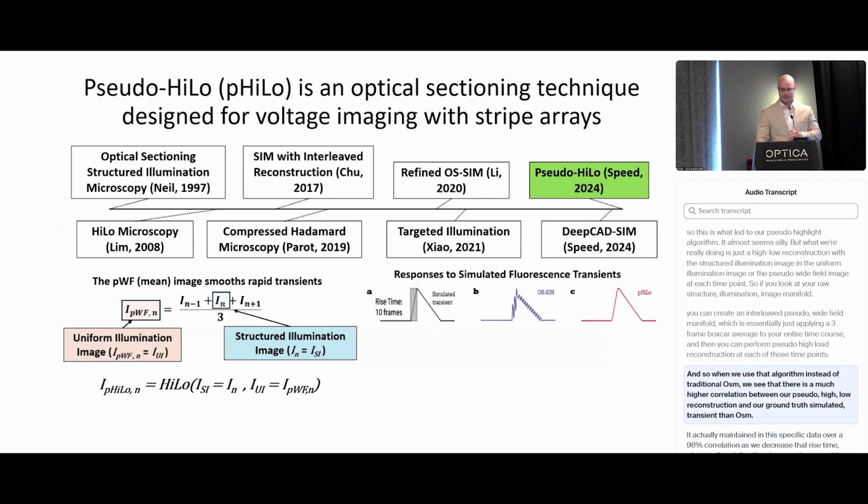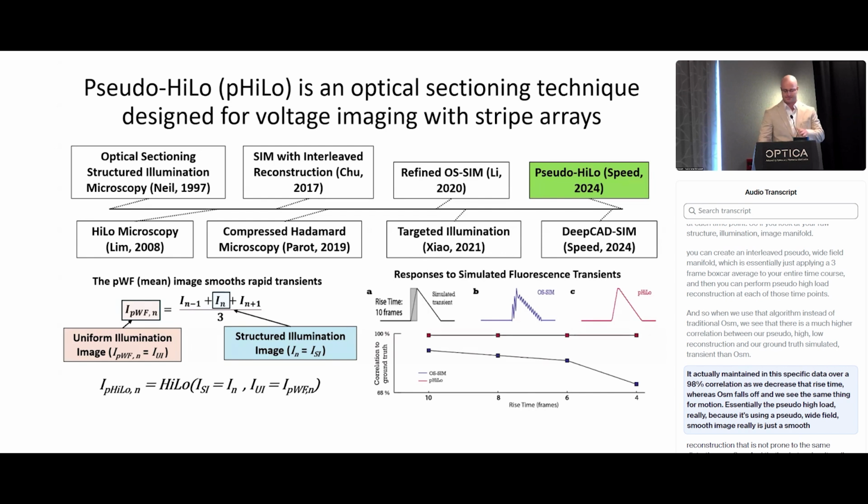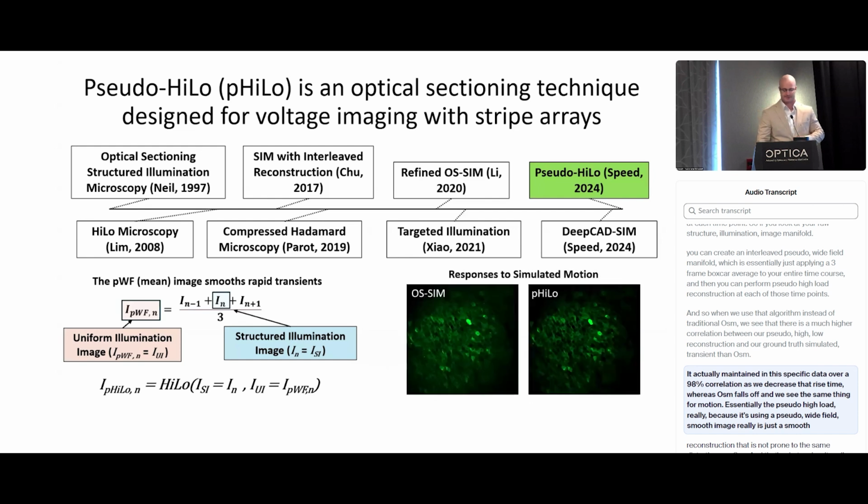And so when we use that algorithm instead of traditional OSM, we see that there is a much higher correlation between our pseudo-HiLo reconstruction and our ground truth simulated transient than OSM. It actually maintained in this specific data over a 98% correlation as we decrease that rise time, whereas OSM falls off.